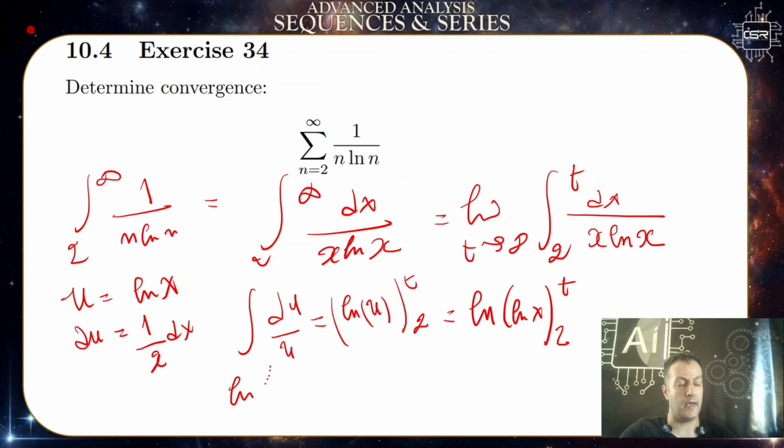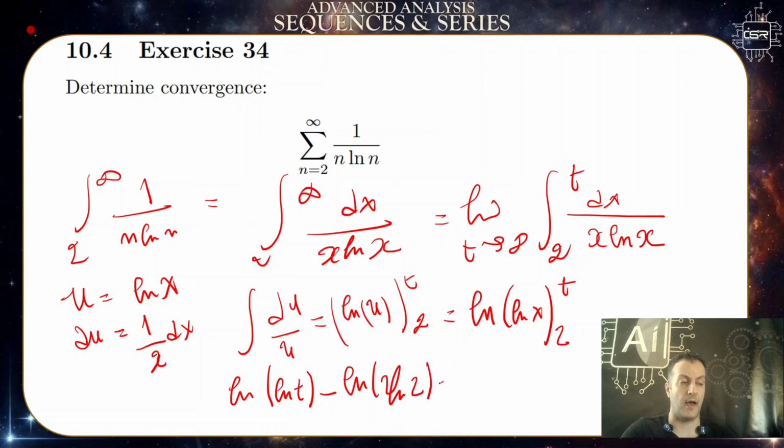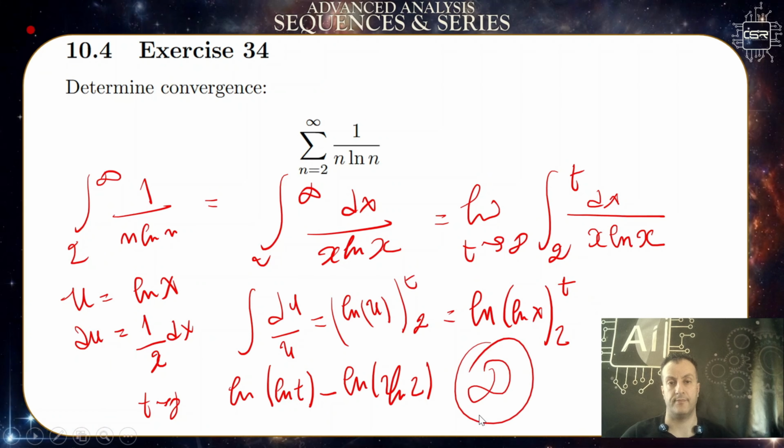So it is equal to ln of ln t minus ln of ln 2, which is a finite value. Now, as t approaches infinity, ln t blows up to infinity, and ln ln t also blows up to infinity. Therefore, this series diverges.